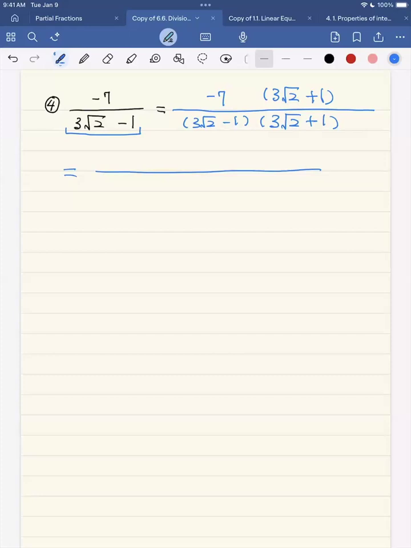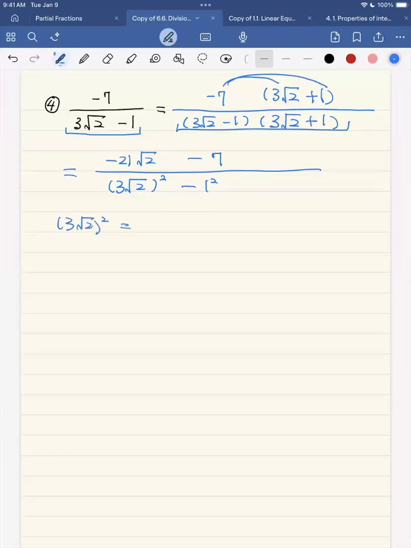Then in the formula, what I told you was this multiplication in the denominator will be first term squared minus second term squared. And in the numerator, we can do distribution. Then that'll be minus 21 square root of 2 minus 7. 3 square root of 2 squared is 3 square root of 2 times 3 square root of 2.